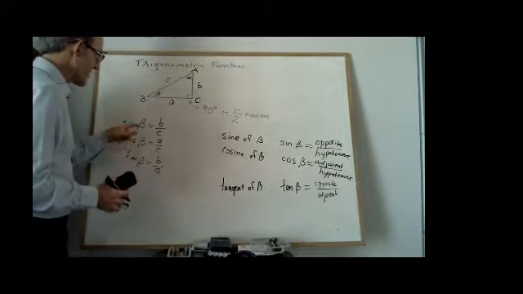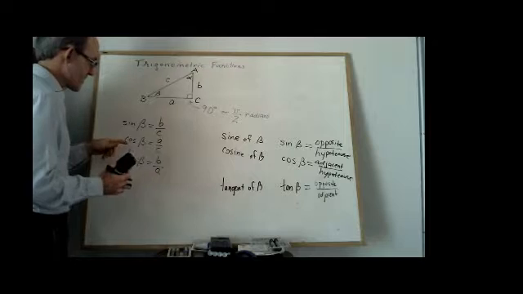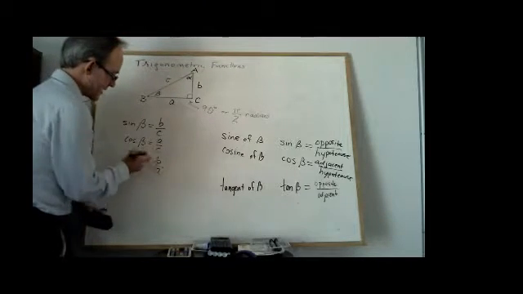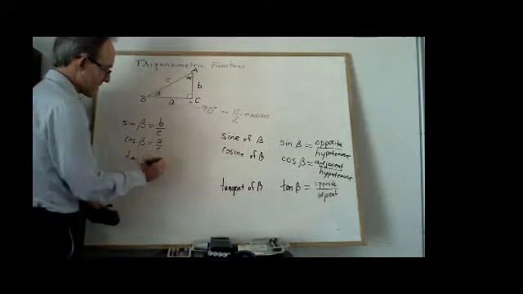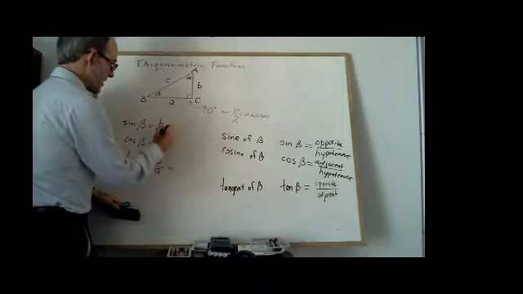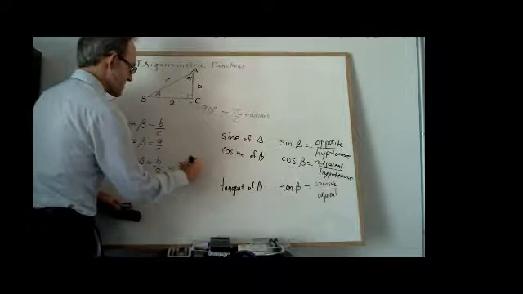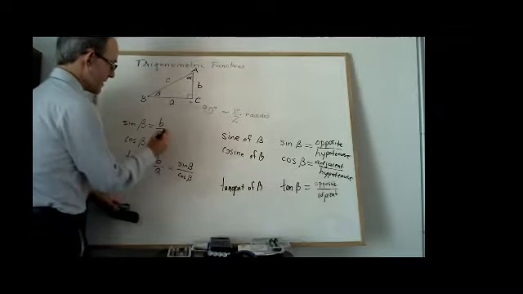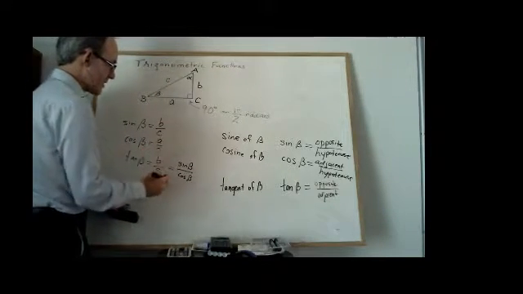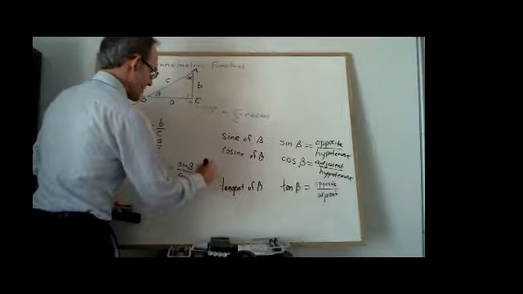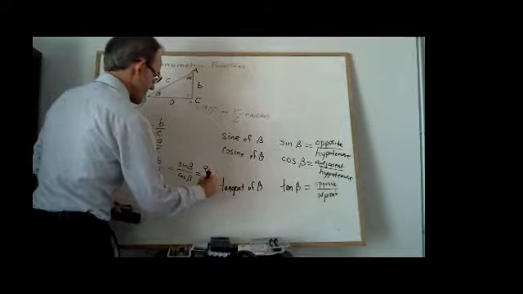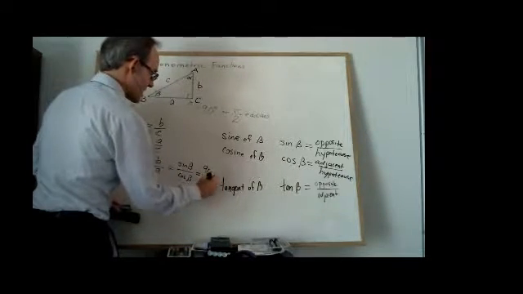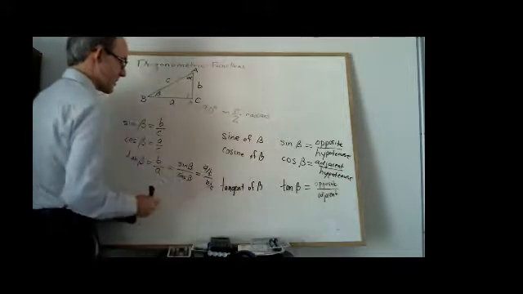I can also see if I can write these out in terms of the tangent. It can be expressed in terms of the sine and the cosine as the sine of beta over the cosine of beta. Because when you write that out, the b over c and the a over c will be in the expressions, and the c's will cancel out in the end.